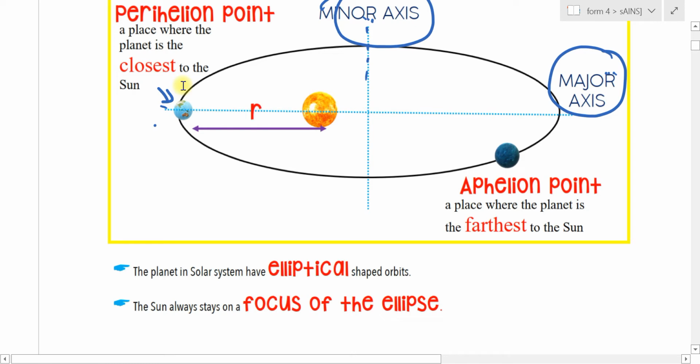Kamu akan perasan biasanya radius mesti dari center sampai ke circumference kan. Tapi this is not a circle, we just assume only. So we assume the distance between the sun and any planet is the radius of the orbit. Kena ingat yang tu, maksudnya orbital radius.